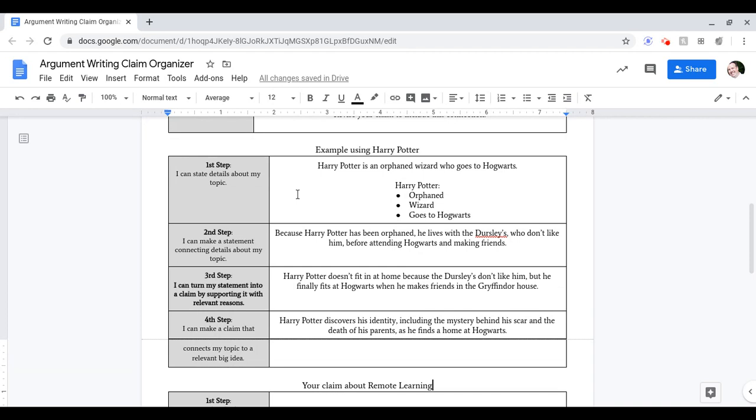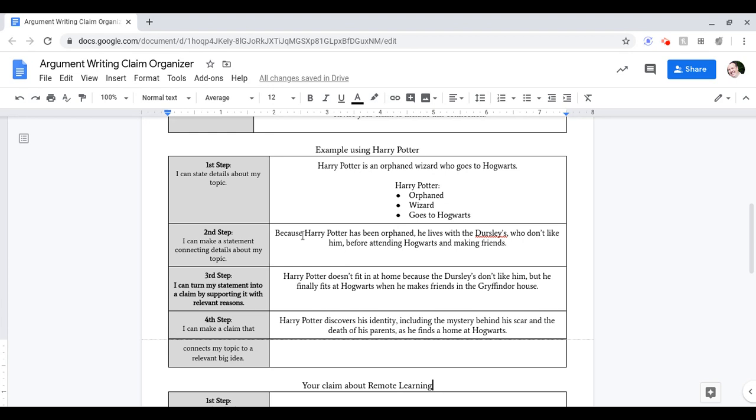What I've done down below is we've built one using Harry Potter. You'll see the graphic organizer remains the same on the left-hand side, and you can see how the statement evolves into a claim. That first step is talking about Harry Potter being an orphan wizard who goes to Hogwarts. You'll see there's some bulleted details, very quick stuff about Harry Potter.